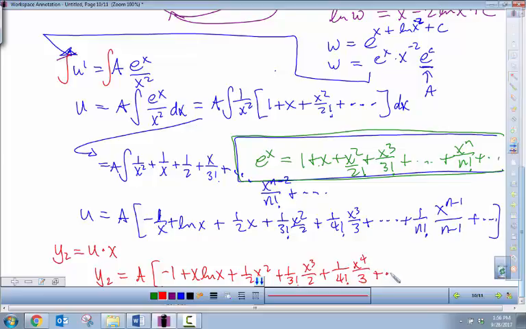And then if you do that enough times, you'll see that the pattern is 1 over n factorial x to the n over n minus 1. Okay? Wow, that was cool. Is that good for you?